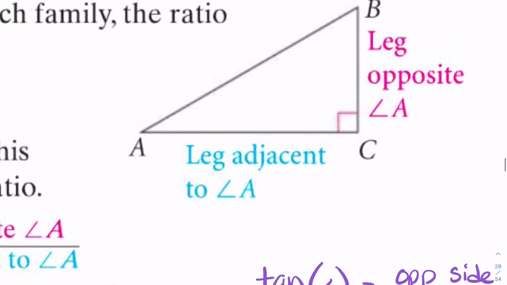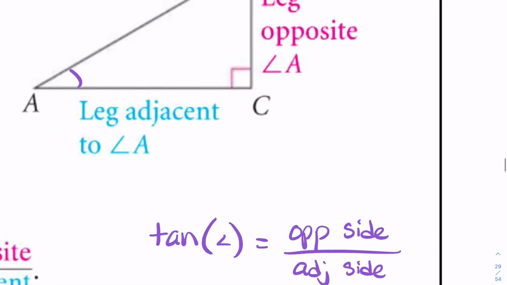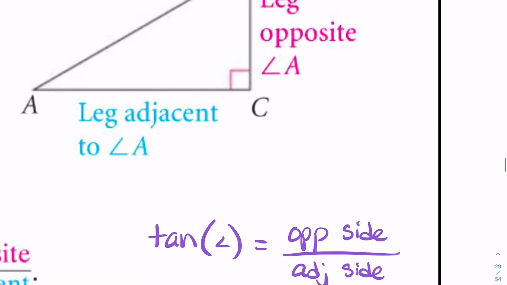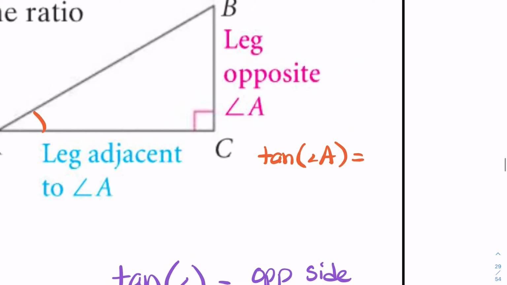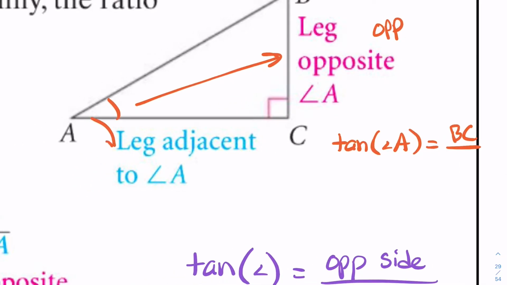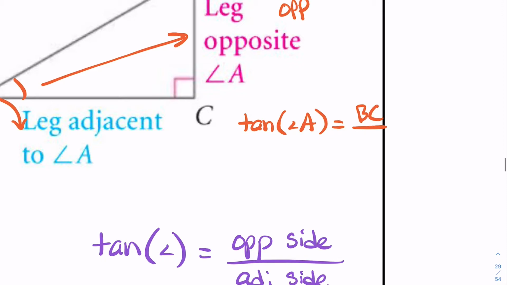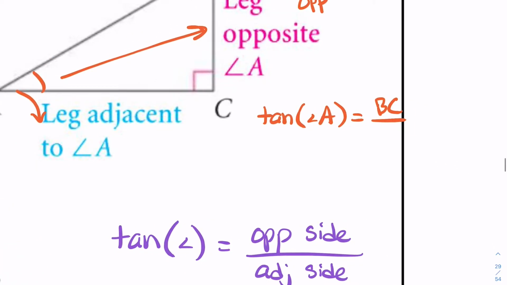So what does that mean? That means that the tangent of angle A is equal to the side opposite A, which we'll call BC, over the side adjacent, which is side AC.